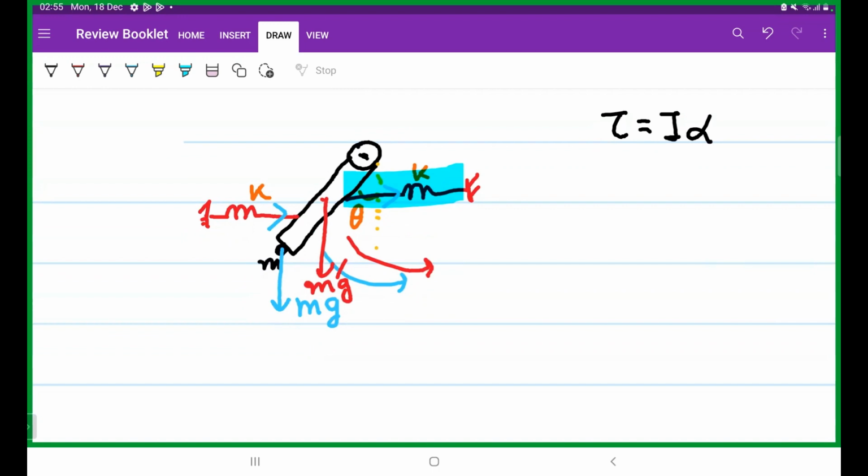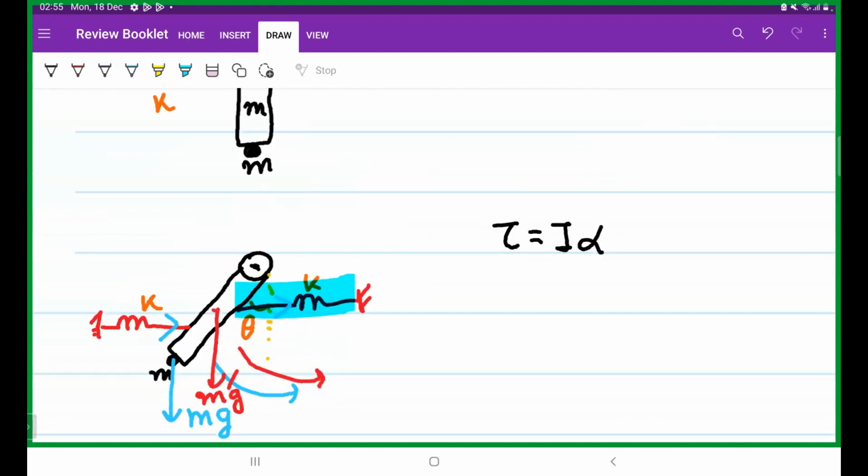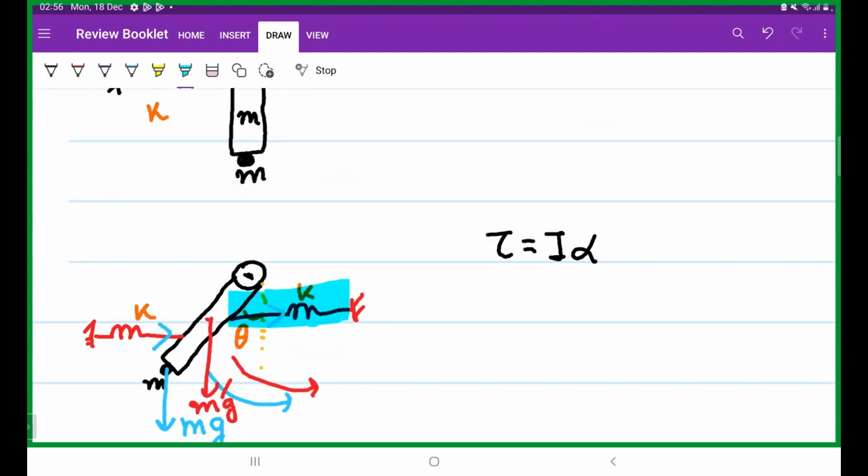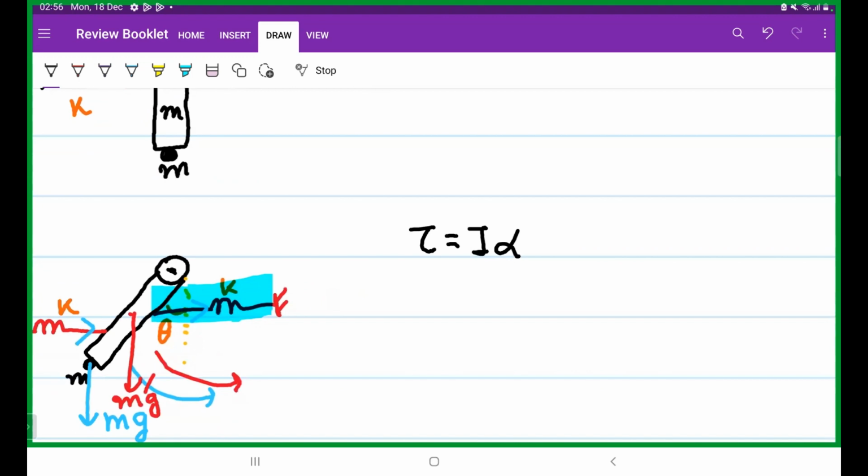So let's now work on the torque equation, tau is equal to I alpha. Now let's deal with this first spring, which I have already highlighted. Let me draw this separately so that I can explain how everything is working. Suppose this is the rod, and this is the angle theta.